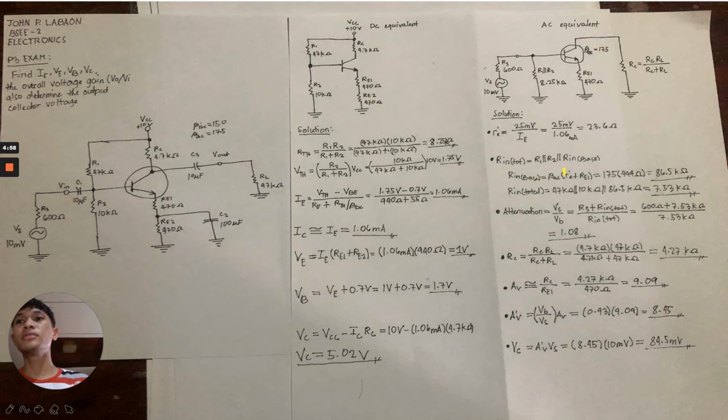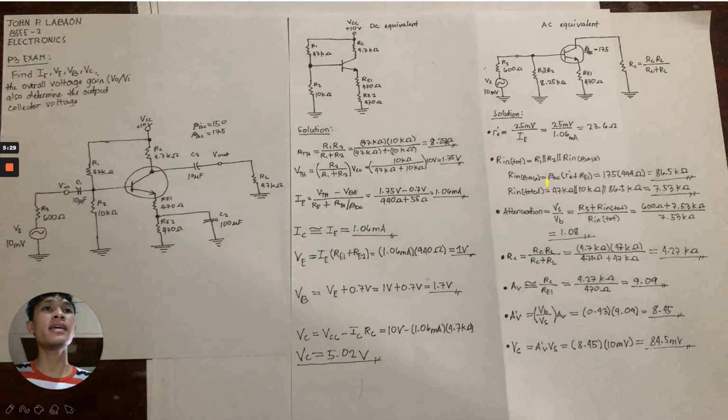So next, we need to determine the attenuation in the base circuit. Our total input resistance is equal to R1 parallel to R2 and also parallel to our base input resistance. Since we don't have the base input resistance, we're going to find the base resistance first.